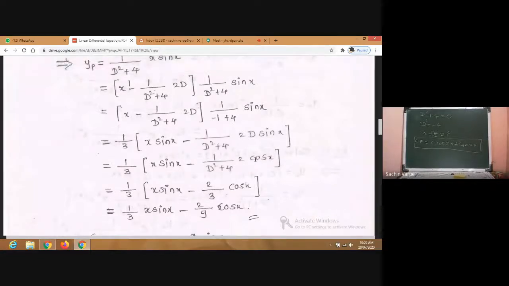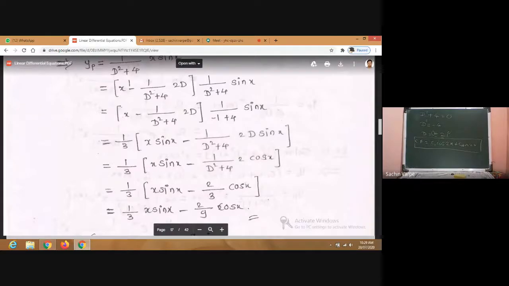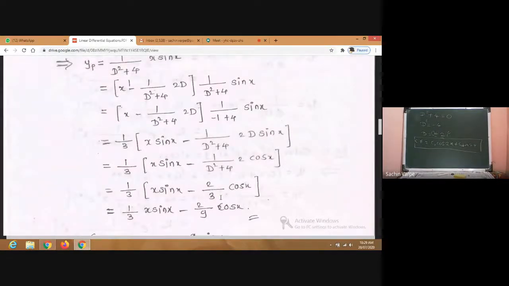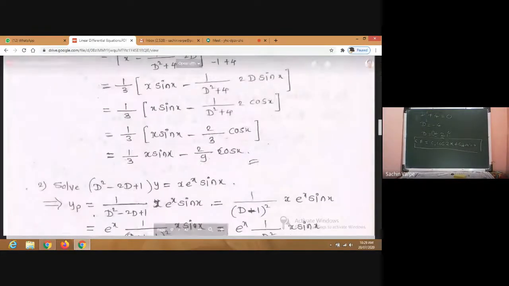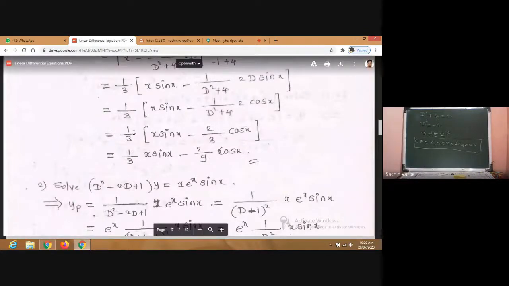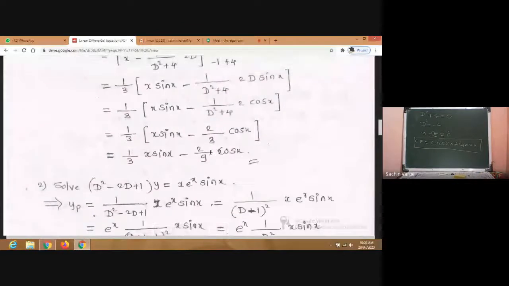And what are we doing in this case? We are replacing again D square by minus a square. A is 1. So minus 1 plus 4 is 3. So that is minus 2 by 3 cos x. And by multiplying 1 by 3 inside, we get 1 by 3 x sine x minus 1 by 3 into 2 by 3, that is 2 by 9 into cos x. That is your final particular integral.